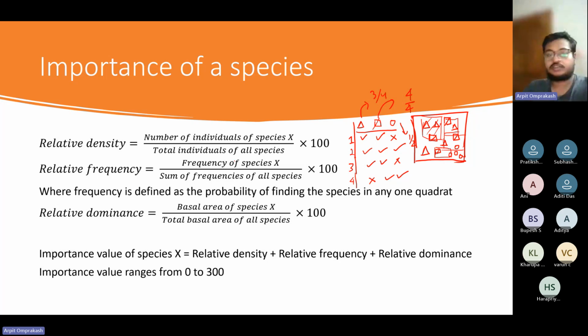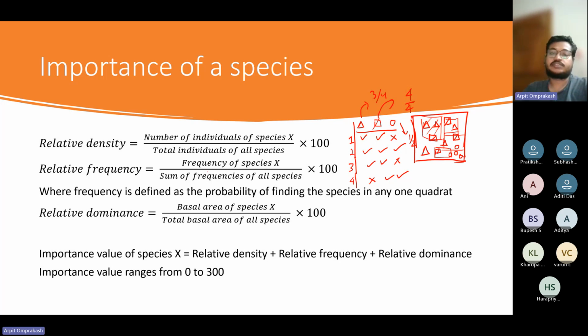So based on these terms, the frequency, the basal area, and the number of individuals, we have other metrics that we can calculate. For example, the relative density, which is basically the number of individuals of a given species X divided by the total number of individuals of all species in the community, times 100.